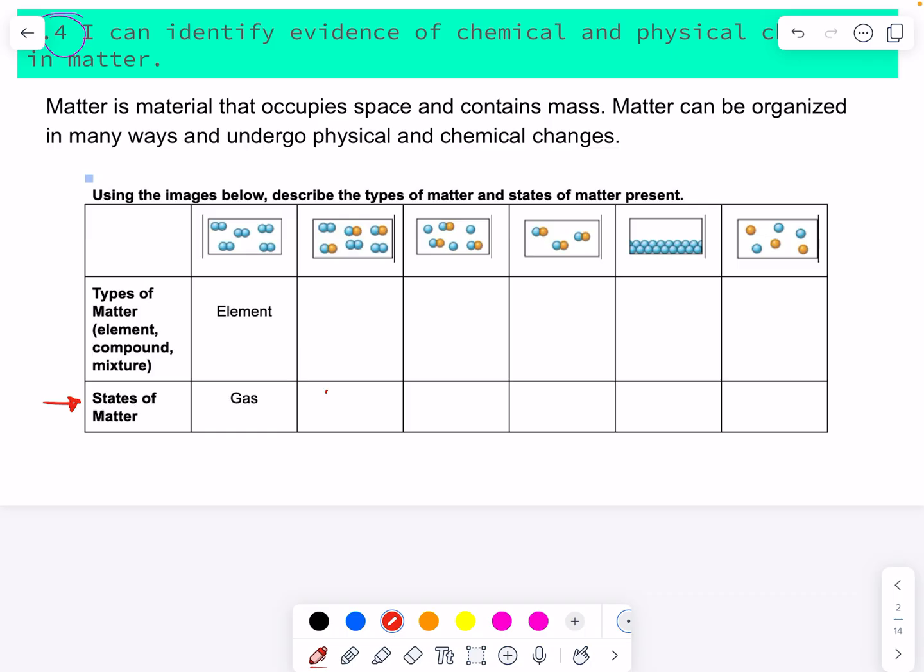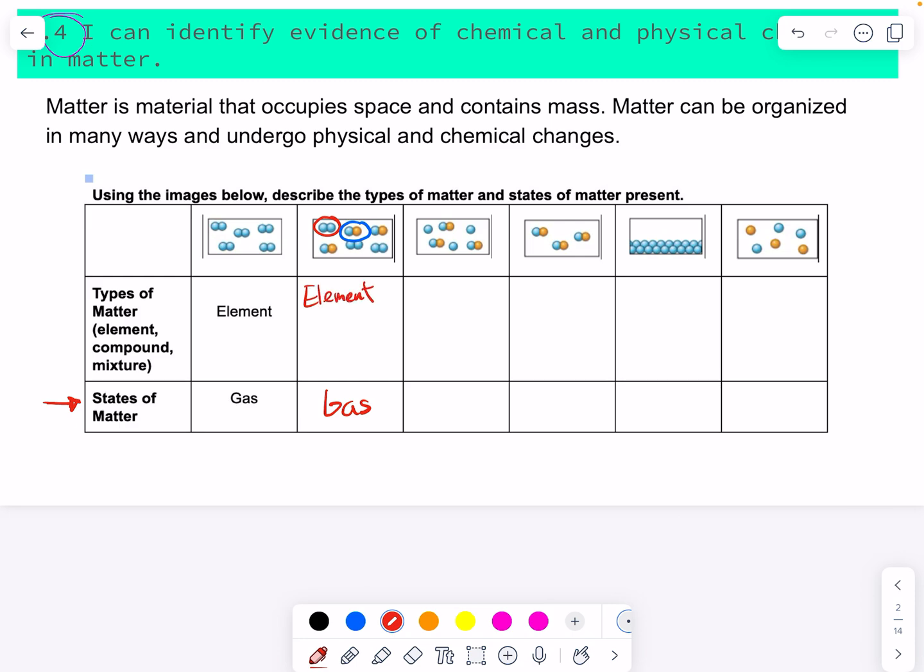So the second one here would also be a gas because gas molecules are not connected and they're spread out from each other. Okay. In terms of what it is, I noticed that there's two blue ones. And then different, there's a blue with an orange, which means these are not the same thing. The blue one would be an element.